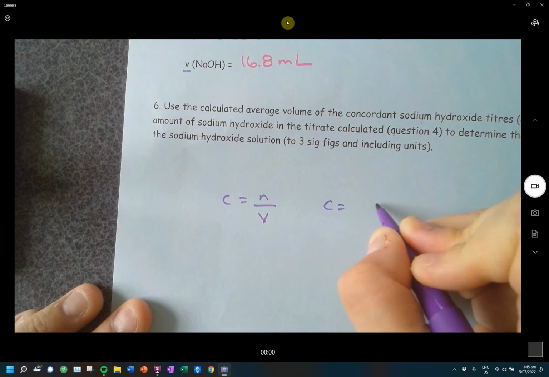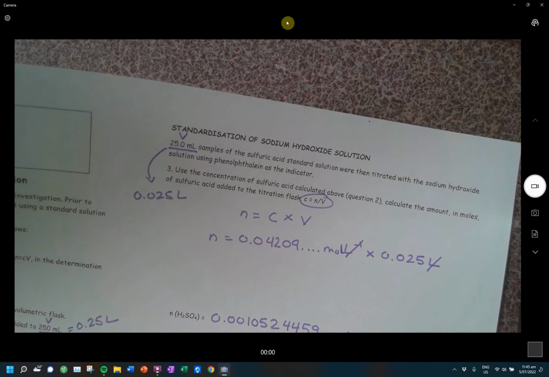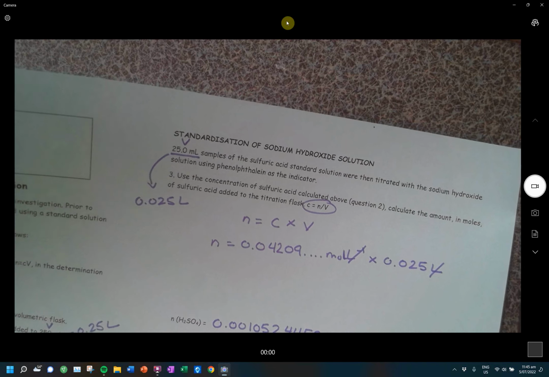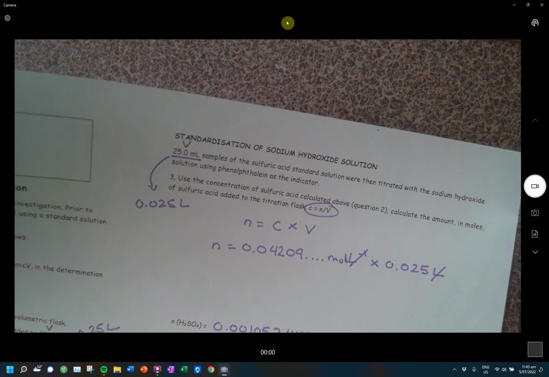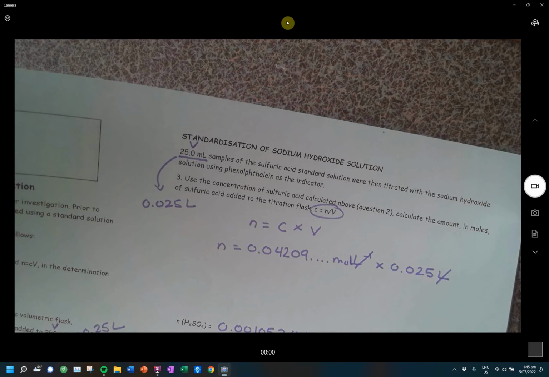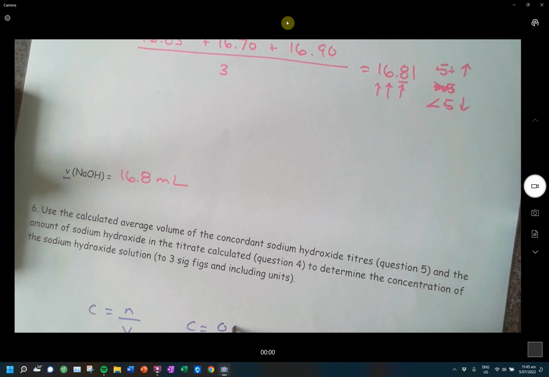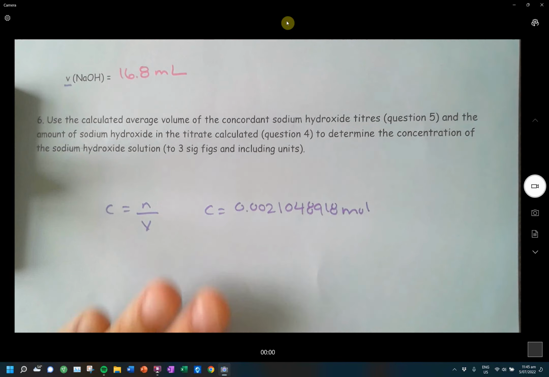So the moles from that previous page was 0.002104898 moles, and that's from question number 4.